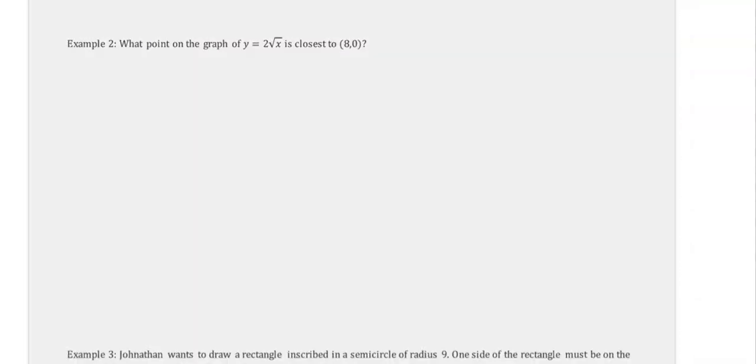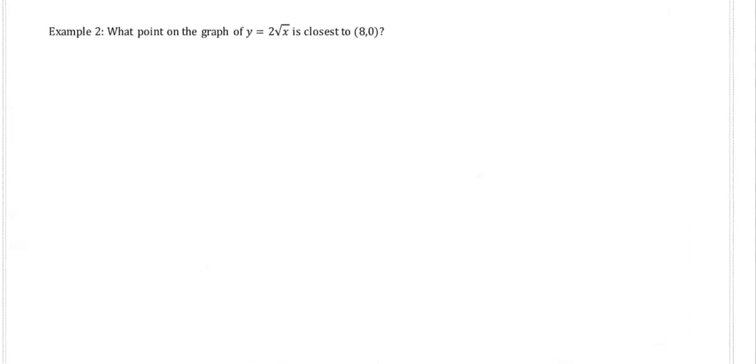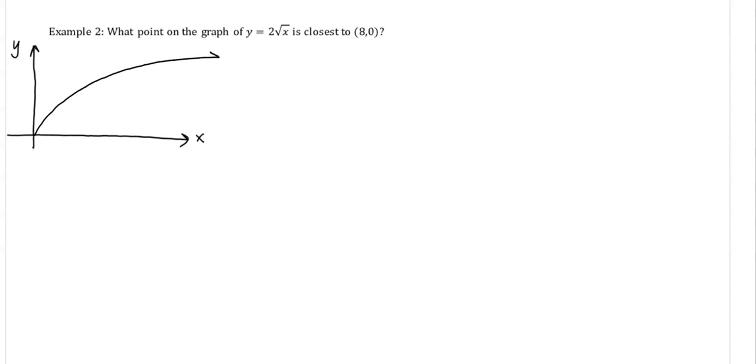In our second example, we want to find what point on the graph of y is equal to 2 square root x is closest to 8, 0. So just setting up a picture, I'm going to sketch a graph of the y is equal to 2 square root x function. It looks something like that. And let's say that the point 8, 0 is right there. So we are looking for some point x, y on that graph that is closest to 8, 0.